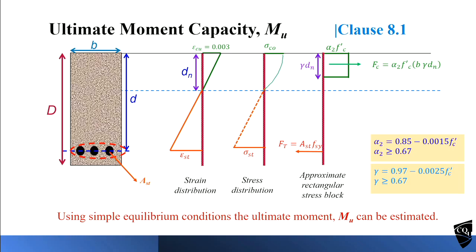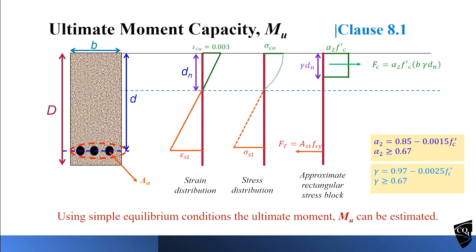So if we know that one, there are two similar triangles, the green color on the top, the red color in the bottom, both are similar triangles. So using similar triangle theory, you should be able to calculate the strain in the steel, which I put as epsilon ST. So now you know the strain.